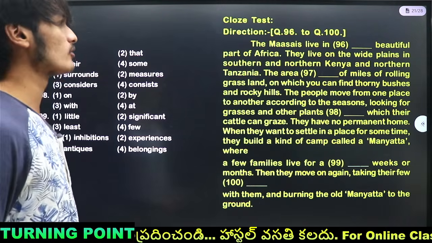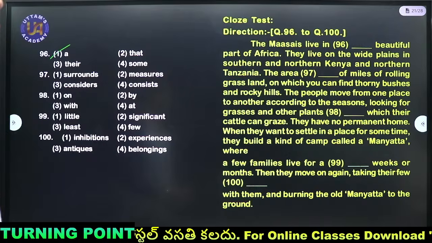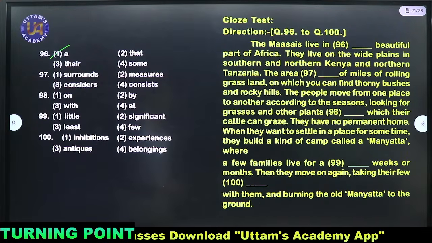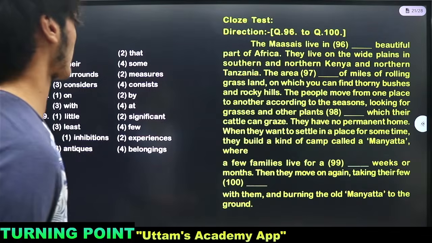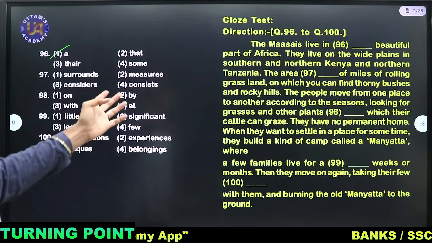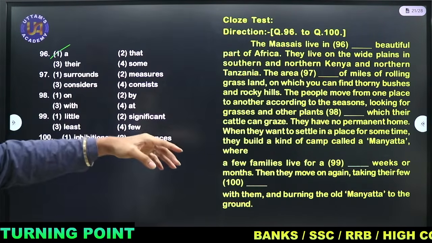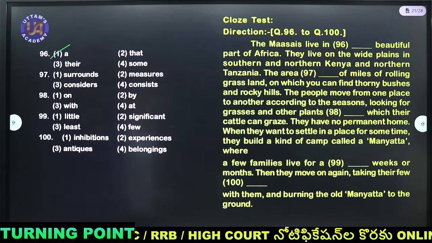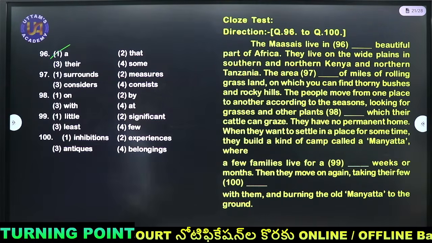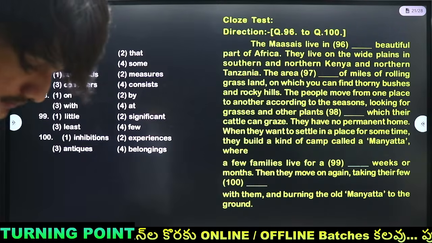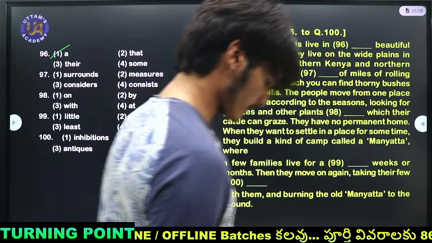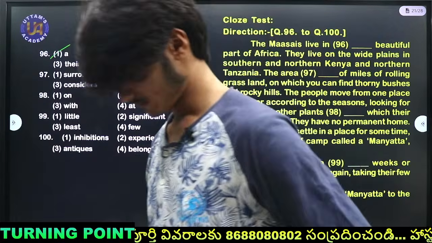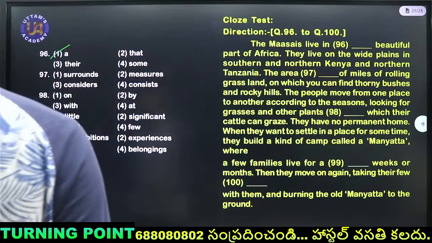They live on the wide plains in southern and northern Kenya and northern Tanzania. The area 97 of miles of rolling grasslands: surrounds, measures, considers, consists. So which option is right? 97: Anudipti says consists. Randur says 4, consists.